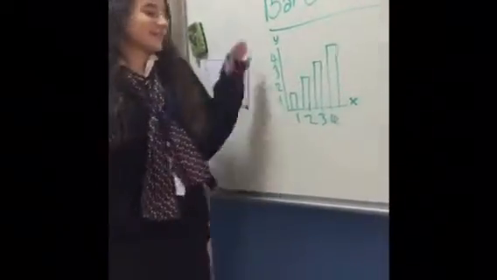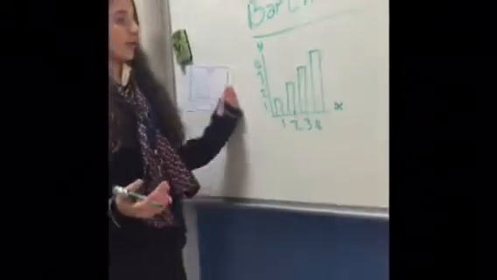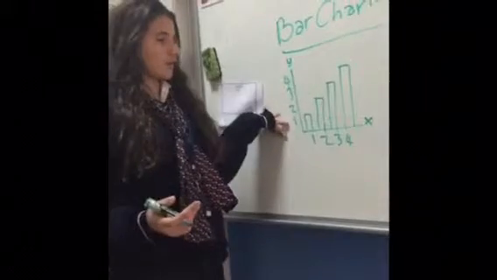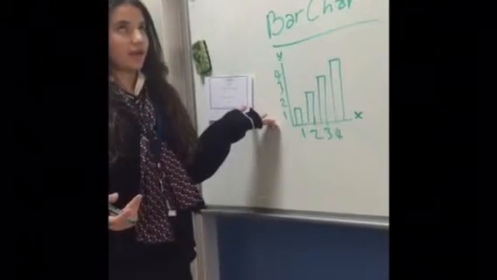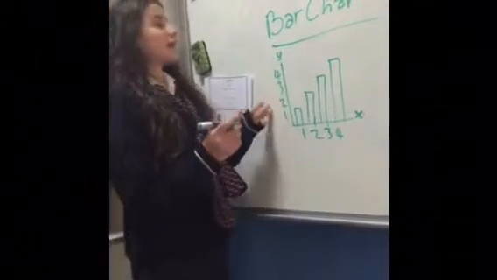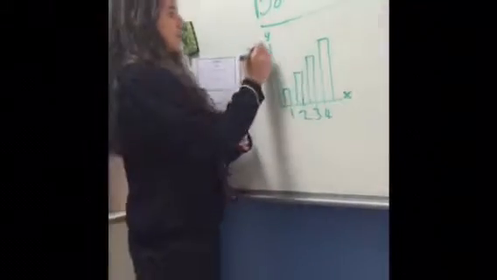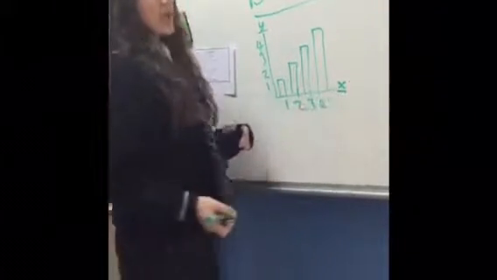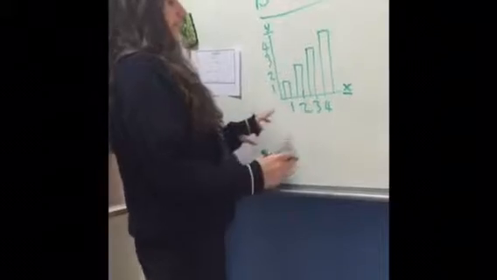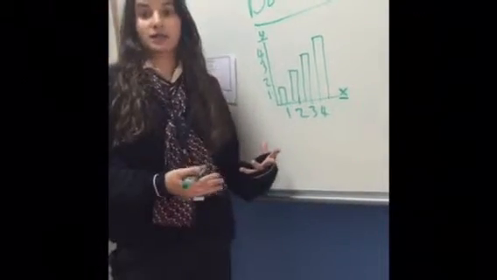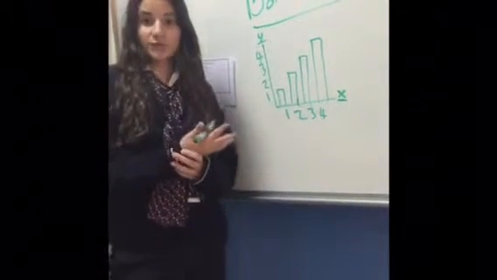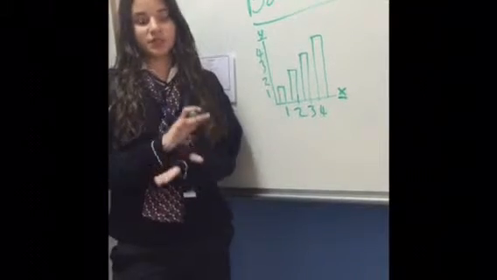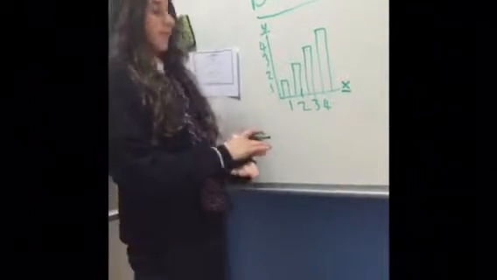Hi. Now we're going to be telling you more about bar charts. As I said before, you need to use the y-axis and the x-axis, and you must have the same space. Even though this is not accurate because I did not use a ruler, you are meant to use a ruler, and you're meant to use pencil just in case you make a mistake.